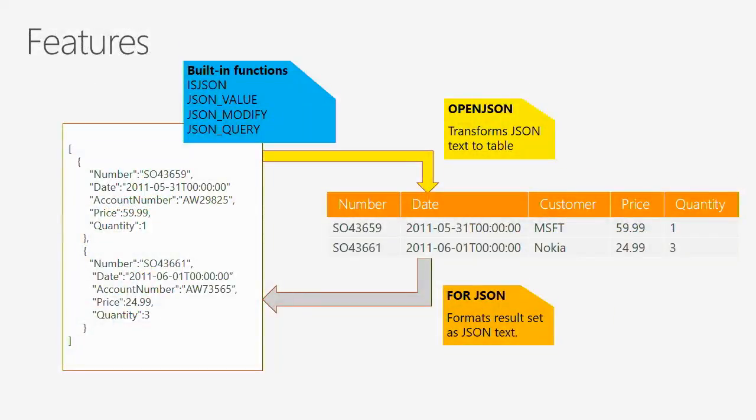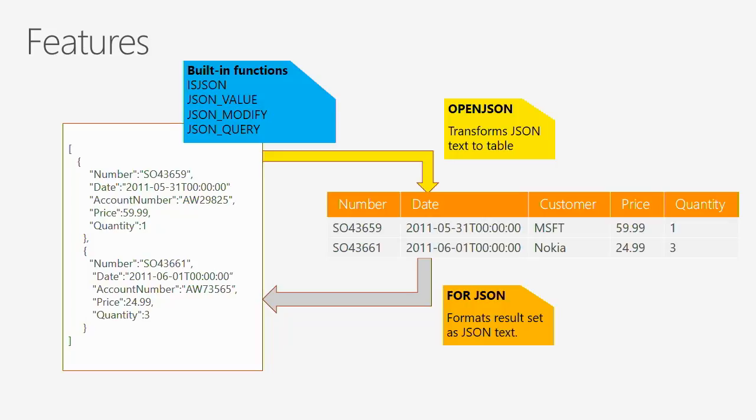So what we've got in SQL 16 is a bunch of built-in functions that allow you to work directly on your JSON data. You've got isJSON, which is a simple test to say, please look at the string and tell me whether you think it's a valid piece of JSON. Then we've got JSONValue and JSONQuery, both of which do pretty much the same job. The only difference is value works when the thing that you're asking for is a single value out of your JSON object.